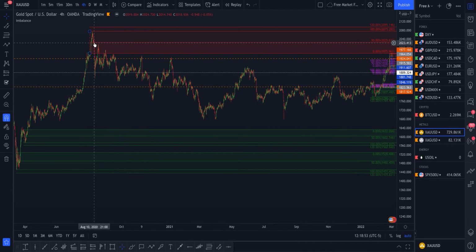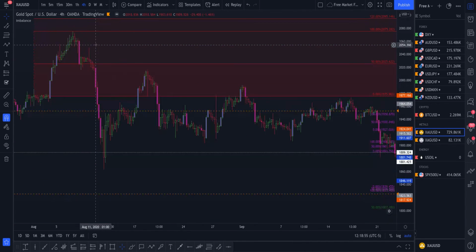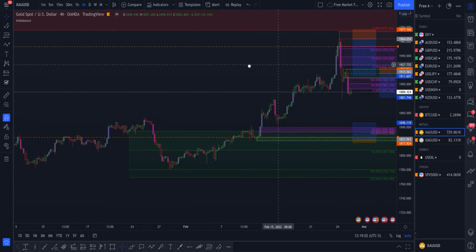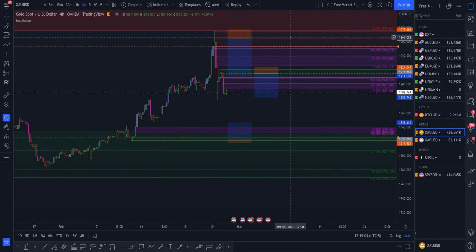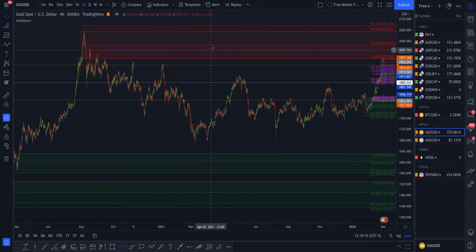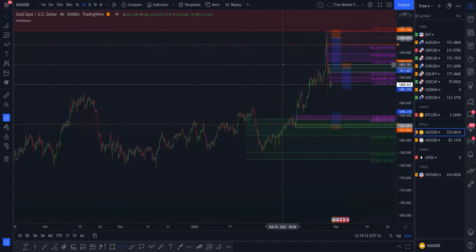We definitely have unmitigated 4-hour zones here, but I will wait for this 4-hour zone to be invalidated and then look into possibly taking some lower trades out of this unmitigated institutional supply zone.